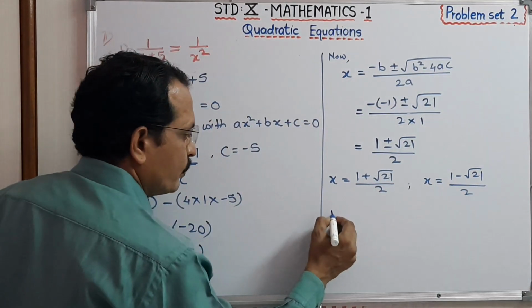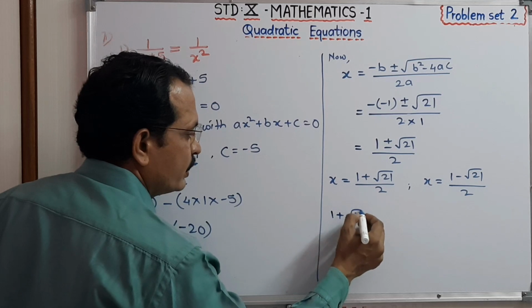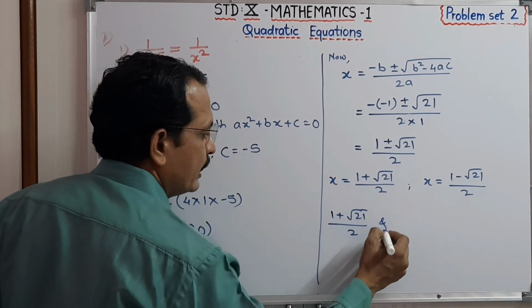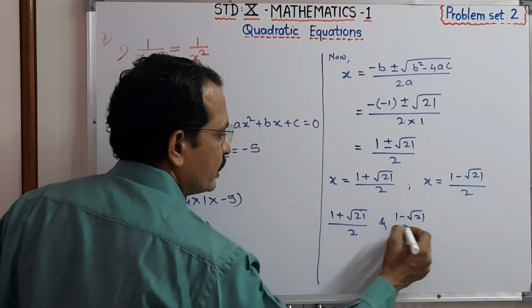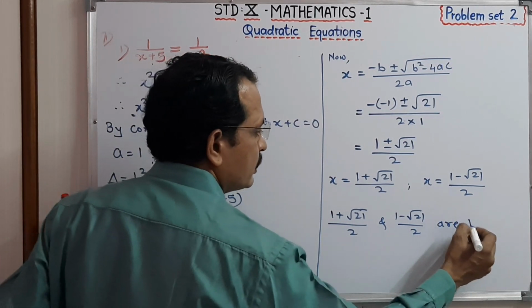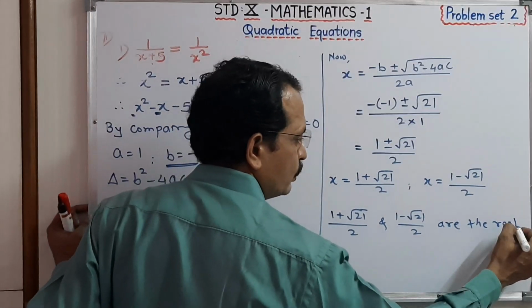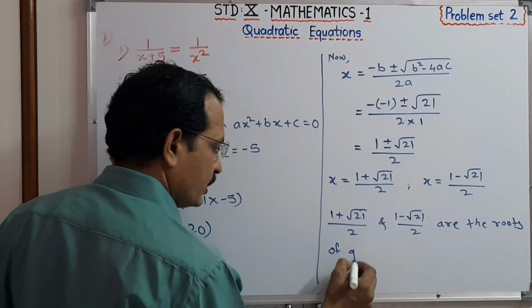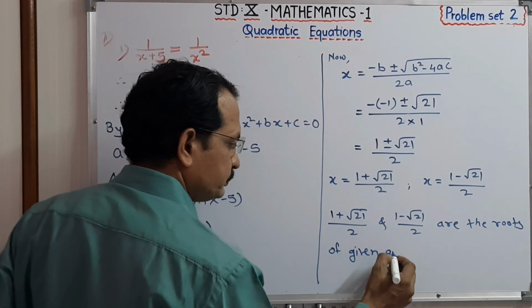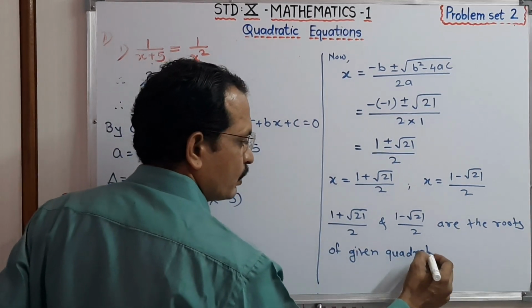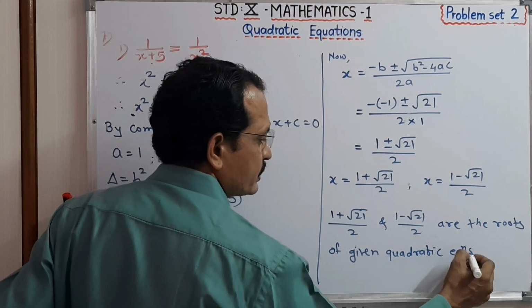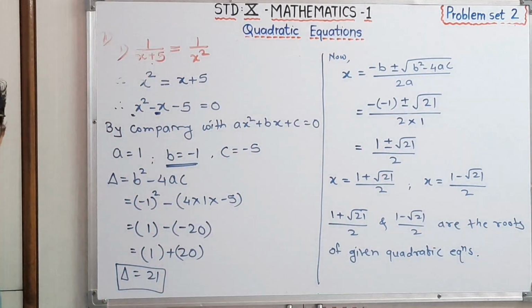Therefore 1 plus root 21 upon 2 and 1 minus root 21 upon 2 are the roots of the given quadratic equation. This is our final answer.